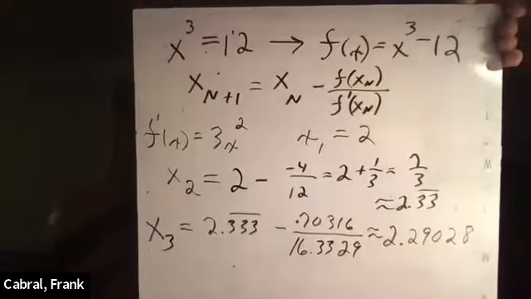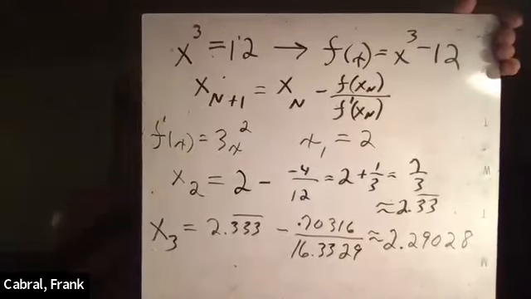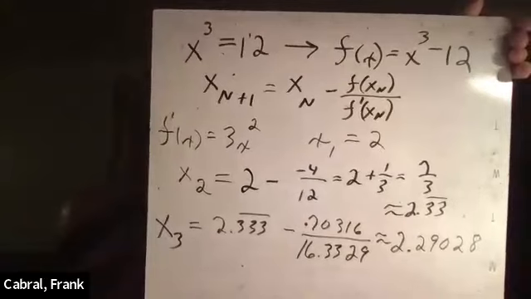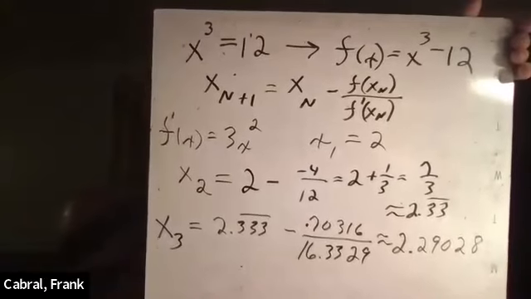Now, the only reason I'm only showing you like 2 of these is because this is a recursive process. You just keep on doing this. Now, once you have x sub 3, you would actually store that. The best way, now that we're accumulating a lot of decimals, would be to store that value and then reuse that again to calculate x sub 4 and so on and so forth.